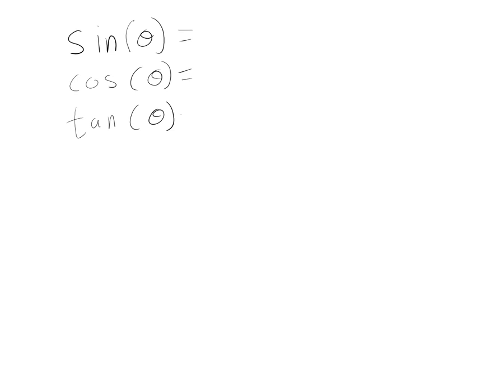Now, what we want to do is we want to associate with each of these, going back to our right triangle, we want to associate various ratios for each of these values.